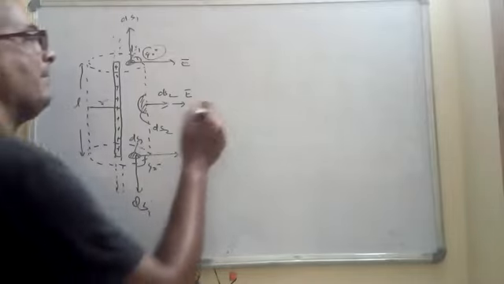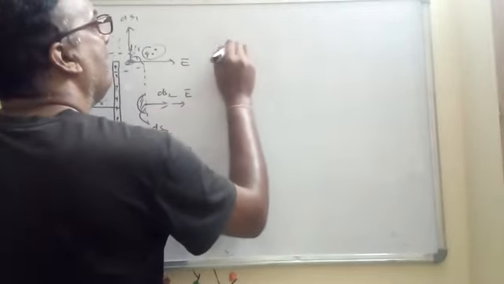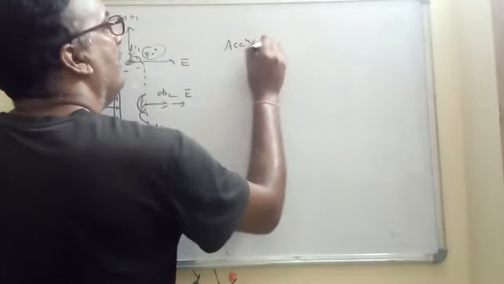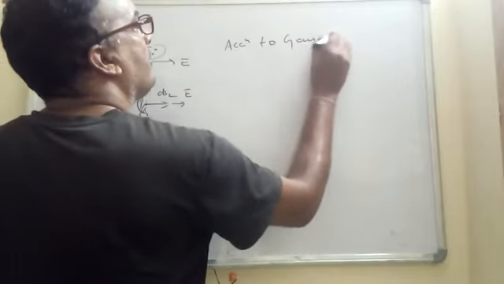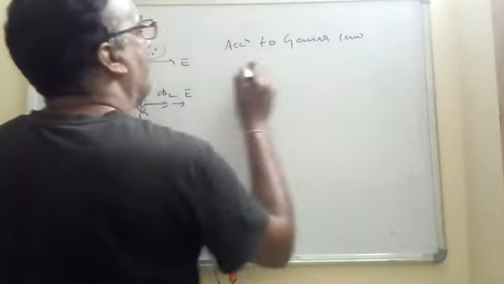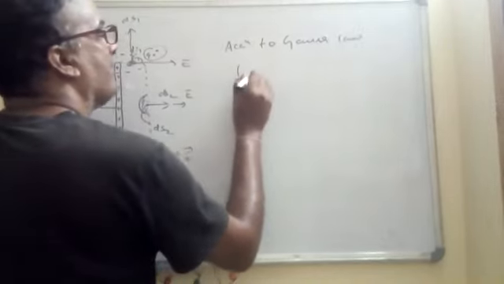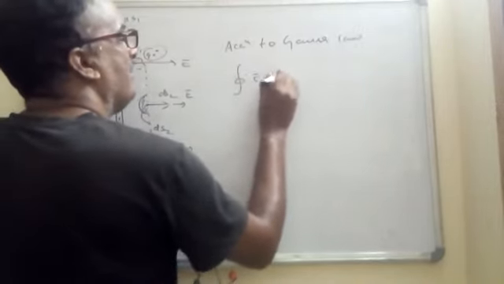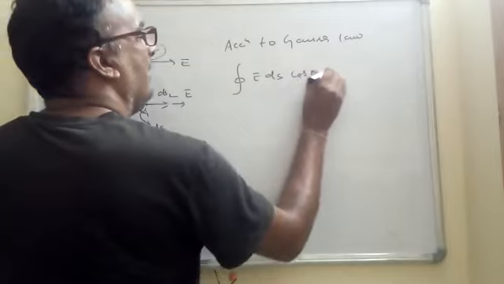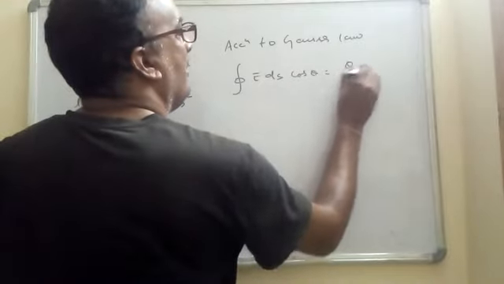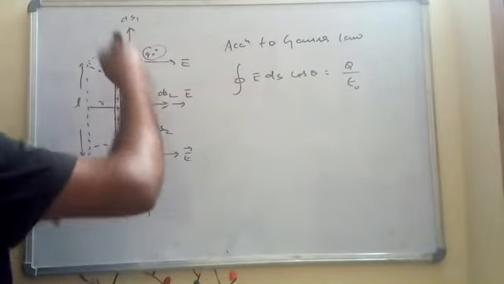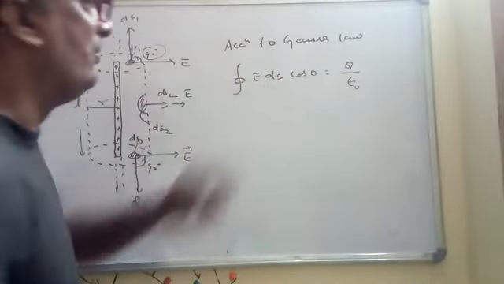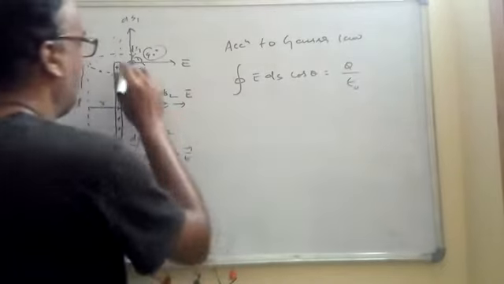Now apply. So according to Gauss law, or Gauss theorem, we have the closed surface integral of E ds cos theta equal to Q upon epsilon naught, where the total summation of all these charges is Q. So we take the three sections here.